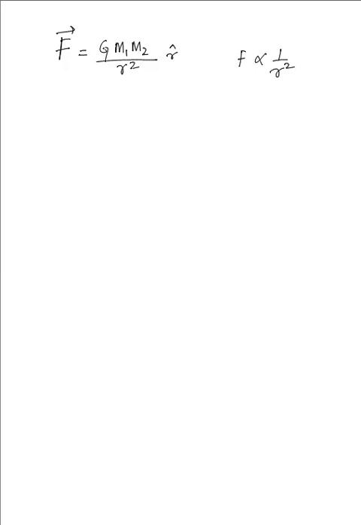Now let us take the case of a mass here, let us say capital M, and it is attracting every object of a certain mass towards itself. The force acting on it depends inversely on the square of the distance.